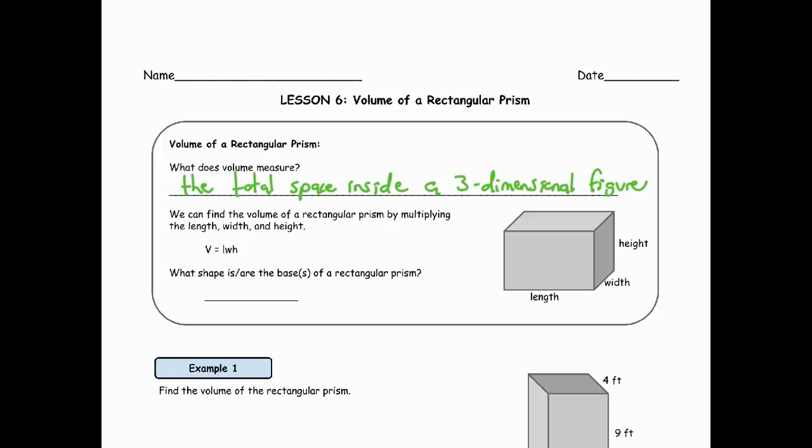We can find the volume of a rectangular prism by multiplying the length, the width, and the height. Or in other words, the formula for finding the volume of a rectangular prism is length times width times height.